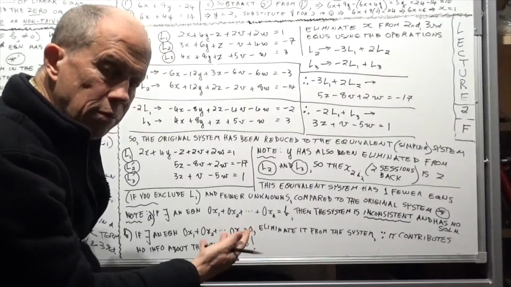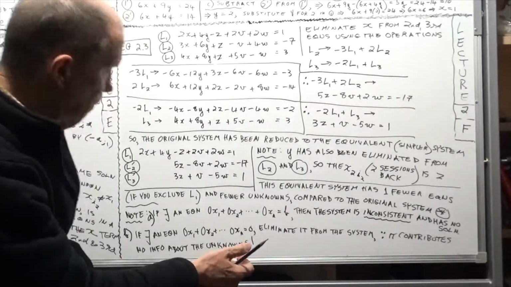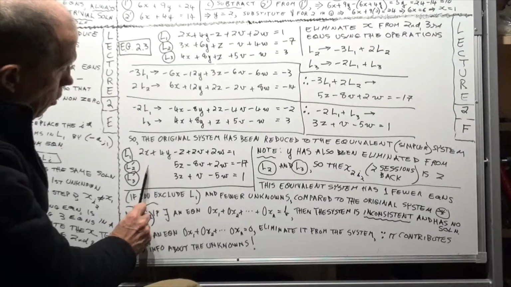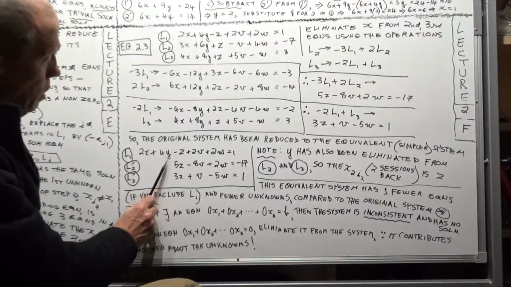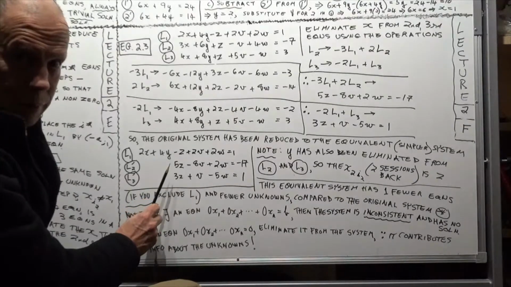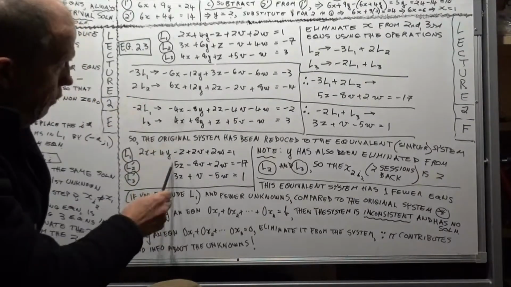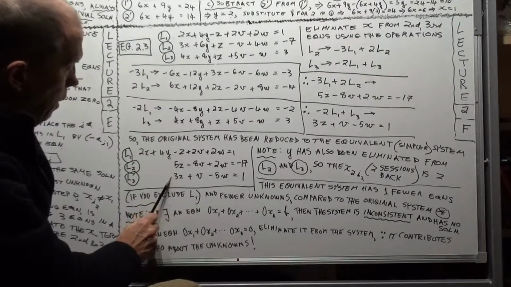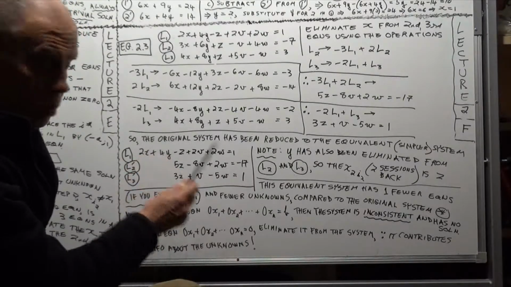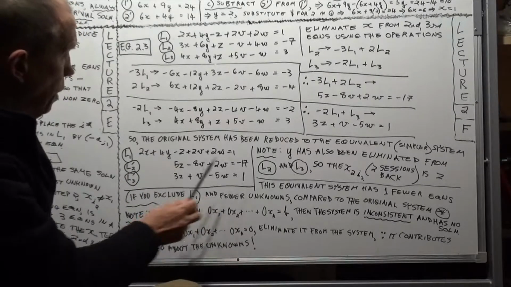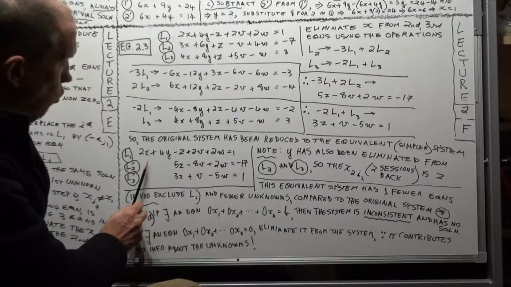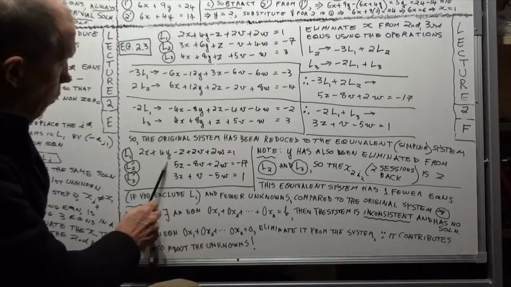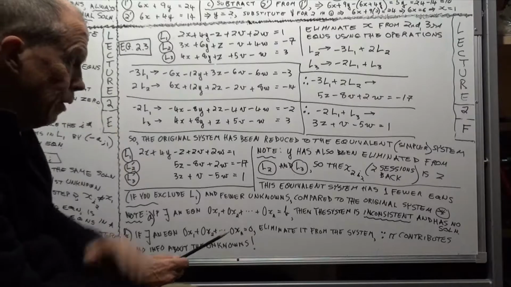That's what equivalence means. Now you can see, interestingly, that not only has the x term disappeared, but the y term has also disappeared. That can happen sometimes, or even more. But you can see now that the second and third lines or equations are shorter, because we've got rid of at least one of the variables. In fact, in this case, for both of them, we got rid of 2.